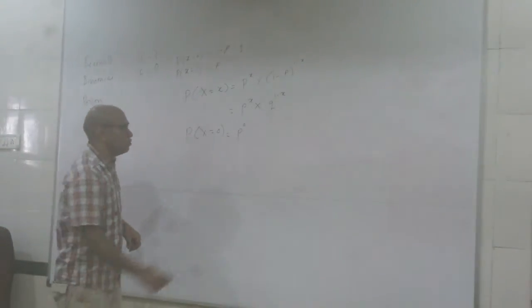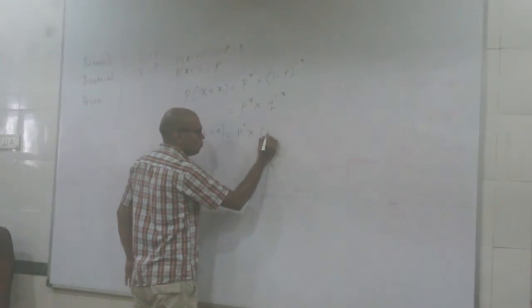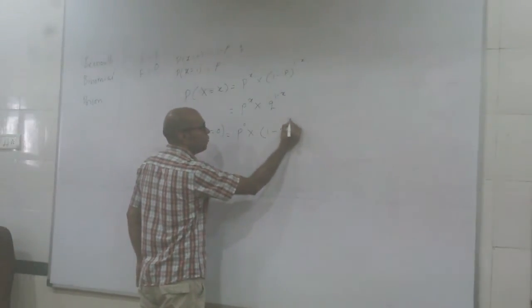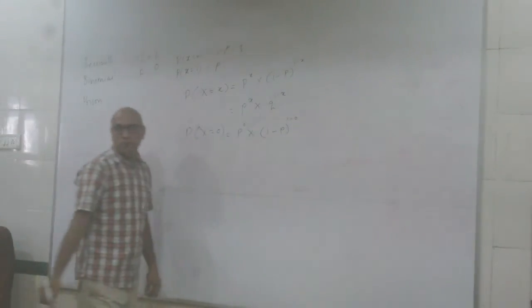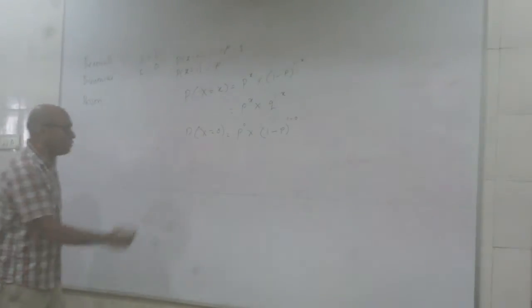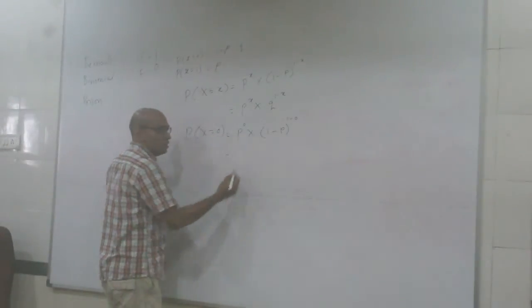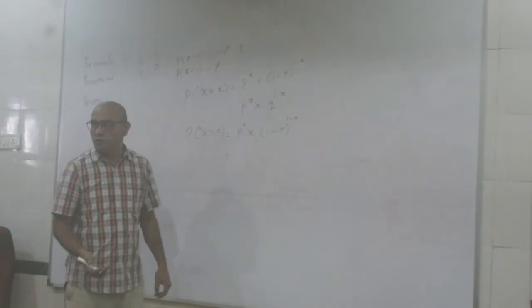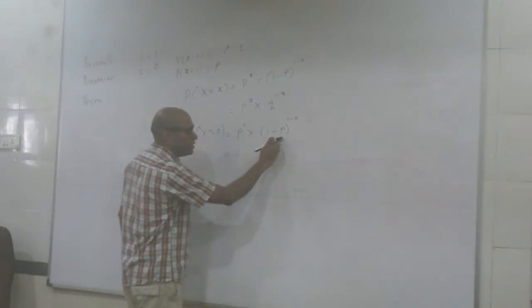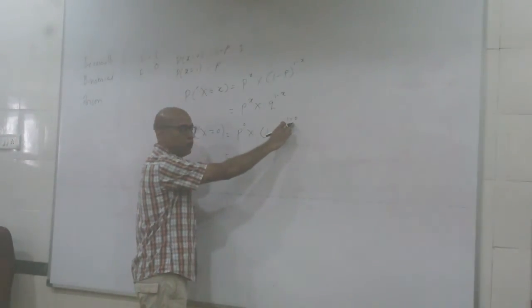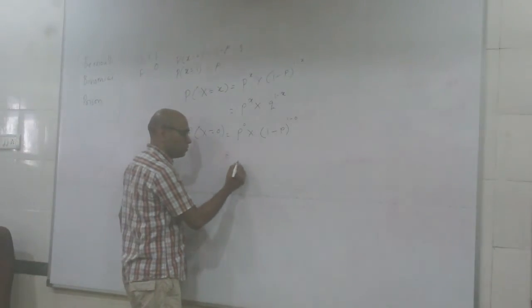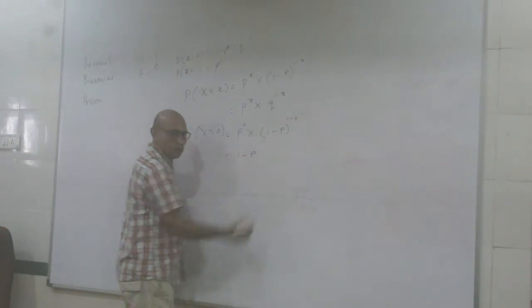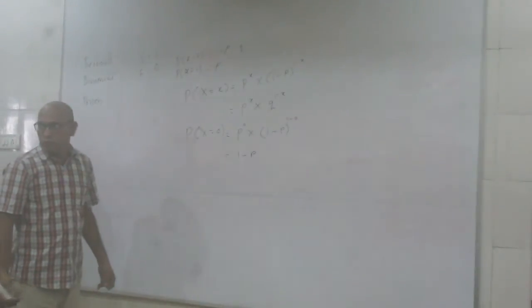So p raised to 0 into 1 minus p raised to 1 minus 0, which is equal to, anything raised to 0 is 1. So 1 minus p raised to 1. So what remains? 1 minus p, right? Okay.